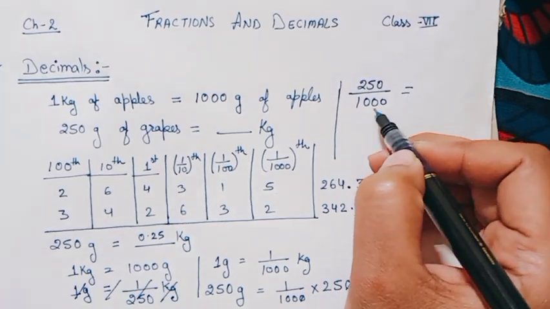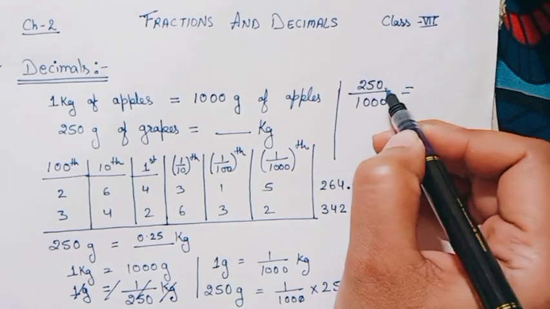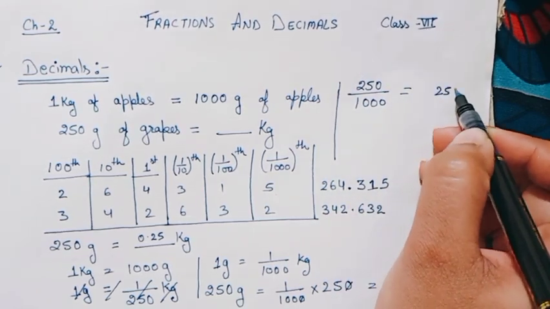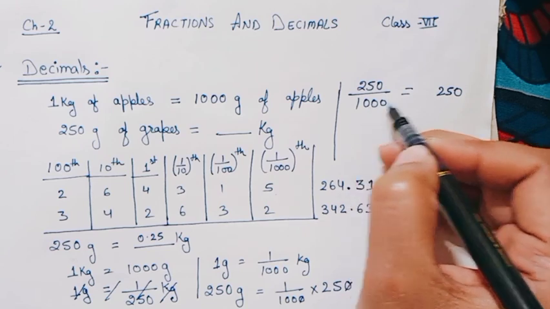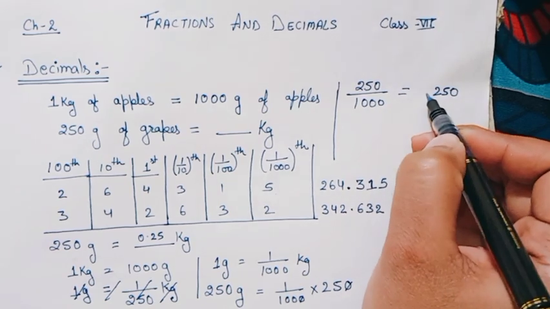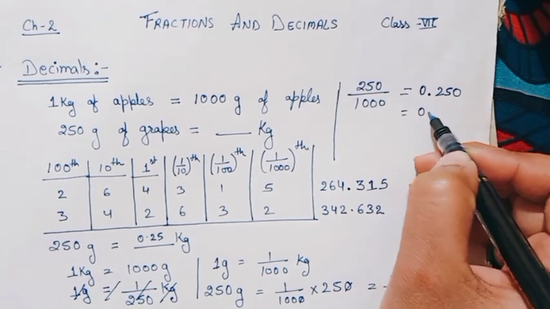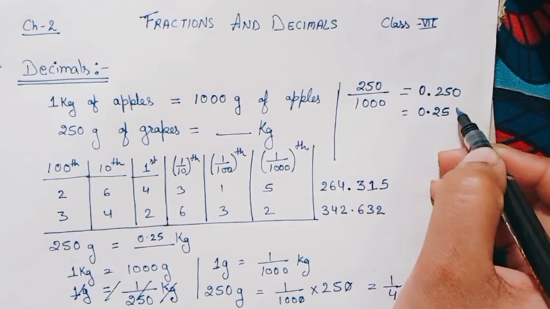Count the number of zeros and just put a decimal over it. 2, 5 and 0, 1, 2 and 3. So start counting from the back side. 1, 2 and 3. Put a decimal over here and write a 0 over here. So you have your answer: 0.25 kilogram.